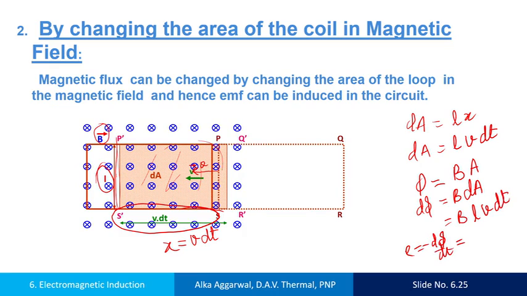So this can be written as minus B L v dt upon dt, which equals minus BLv.